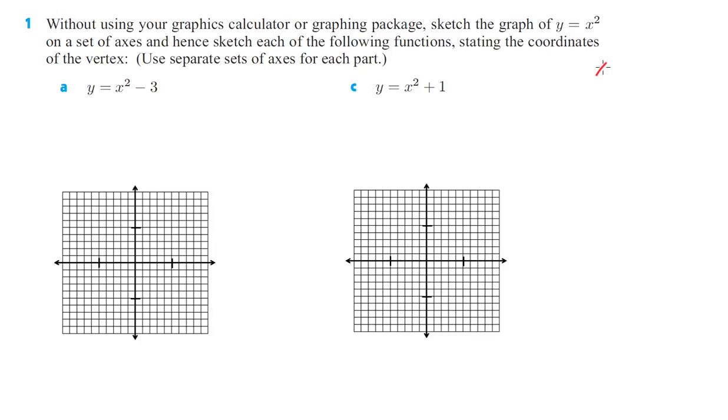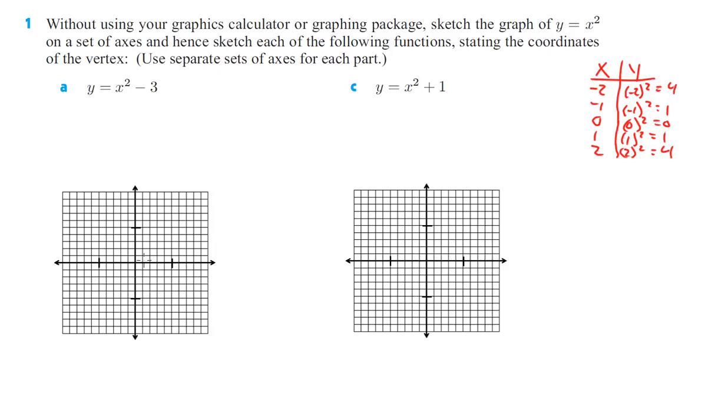So let's do this. We've got x and then y. Normally if we're going to graph some stuff, we just do -2, -1, 0, 1, and 2. So -2 squared, -1 squared, 0 squared, 1 squared, and 2 squared. -2 squared gives us 4, -1 squared gives us 1, 0 squared gives us 0, 1 squared gives us 1, and 2 squared gives us 4.